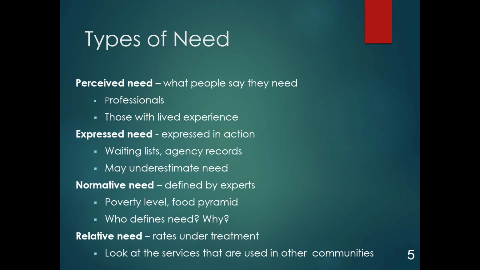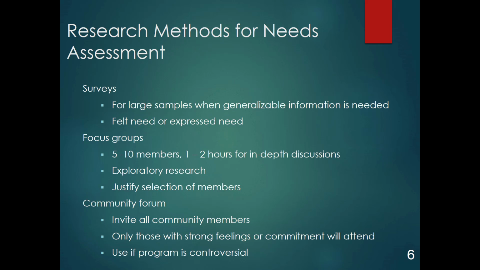So basically with relative needs, you're comparing one community with another, and that's how you would be able to judge how many services or programs you may need within your community based on what's effective for other communities that are similar to yours.